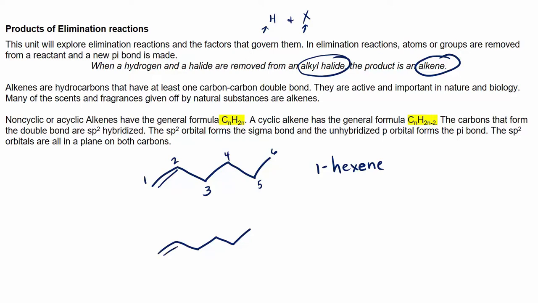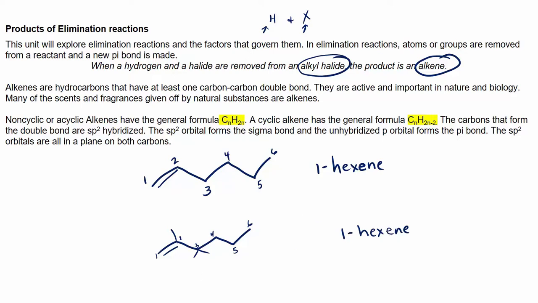Now if I have that 1-hexene and then I start to give it a couple of methyl groups, then I'm going to name it as if I was naming an alkane. Again, first hexane, then I'm going to identify where that functional group is, give the functional group the proper ending.